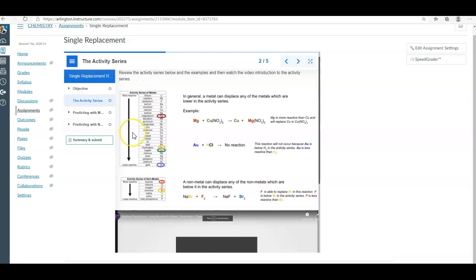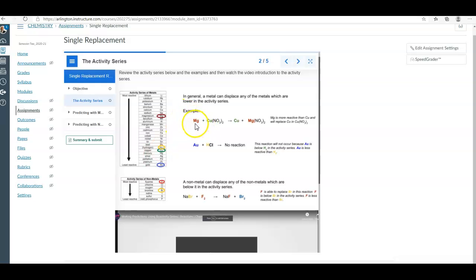Now this is the activity series. In the activity series, you have a series of elements arranged in order of their reactivity. What we're saying here in this activity series of metals is that the metals on top are more reactive than the metals at the bottom. As you go from top to bottom, the reactivity decreases.